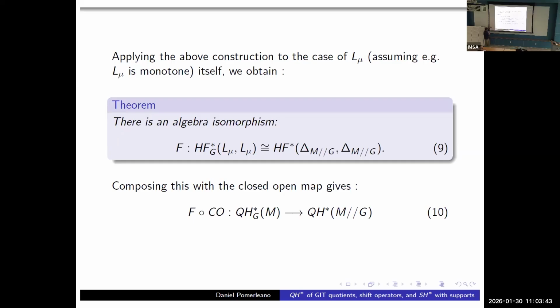So in good cases, one has this isomorphism, and one also has a closed open map from the equivariant cohomology here to the Floer cohomology of that Lagrangian correspondence. Taking this step of looking at the closed open map should be like taking the differential of this nonlinear map.